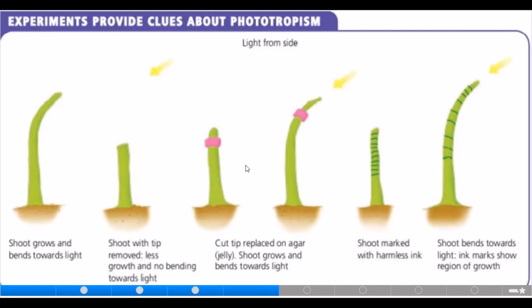Here, the tip has been replaced with an agar block, and growth continues with the plant bending towards the light. And here the plant is marked with indian ink so as to record the growth progress.